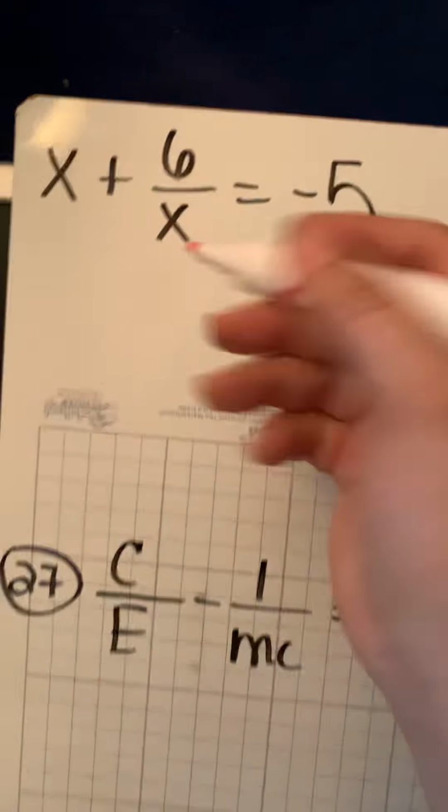Here the b plus 1 cancels. So what am I left with? B minus 1. Here the b minus 1 canceled. What am I left with? B plus 1. Here the whole thing canceled. What am I left with? 2.